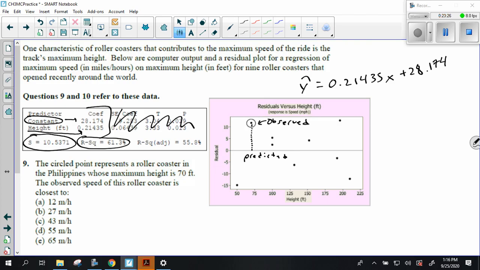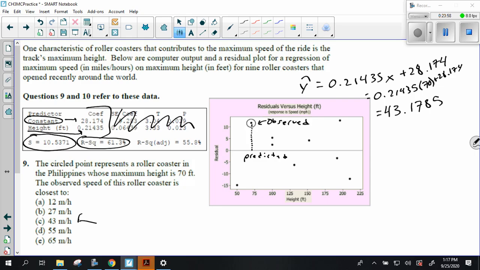So in other words, we're going to go 21.435 times 70 plus 28.174, oh my goodness, I'm running out of room. There we go. That is going to give us 43.1785. Beware. Don't just pick this number, right? We said we need to add 11 or so. It looks like 11 to me.